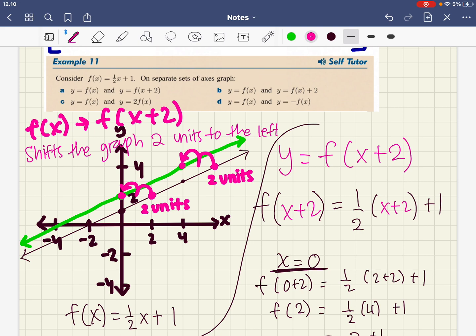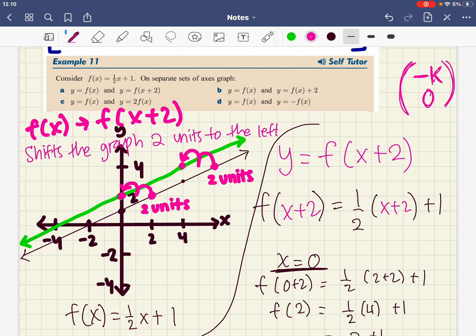To the left means the x decreases, right? So this would be the transformation here: you would add minus k. In other words, you just subtract k from x, and you don't do anything to the y. As you guys can see, the y stays the same. It's just the x that moves.